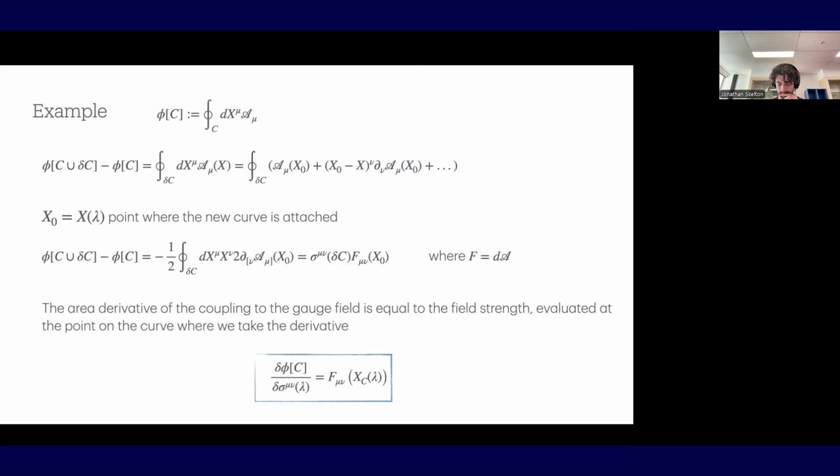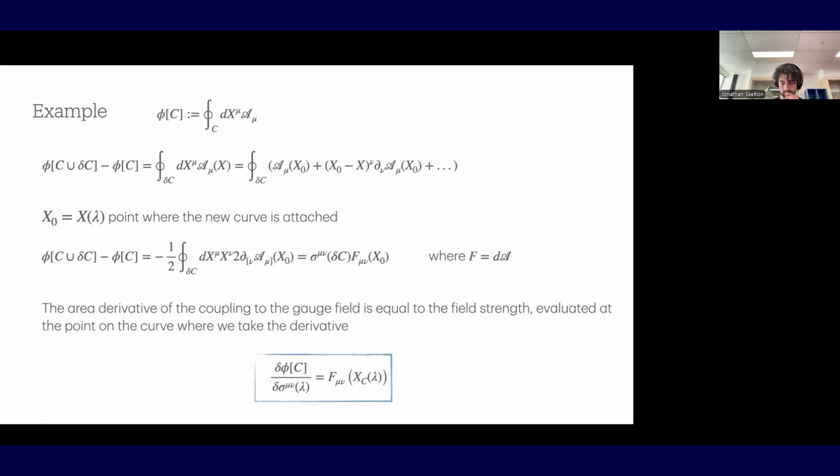Okay, so let's consider this functional, where we couple this curve with an external gauge field, a one-form, and we just apply the definition. We compute the difference of the functional evaluated at the extended curve, the original plus the little curve, minus the original one.